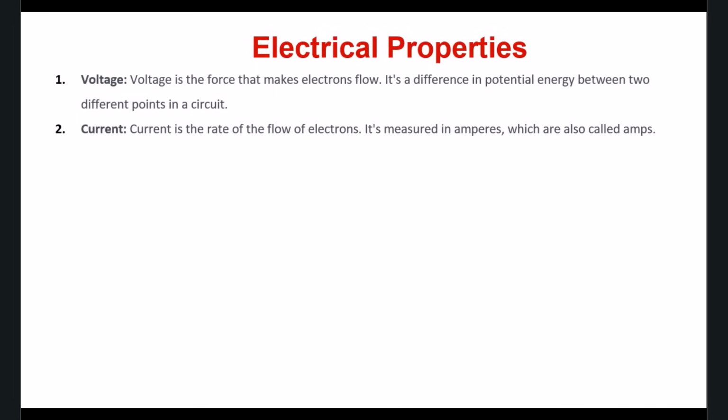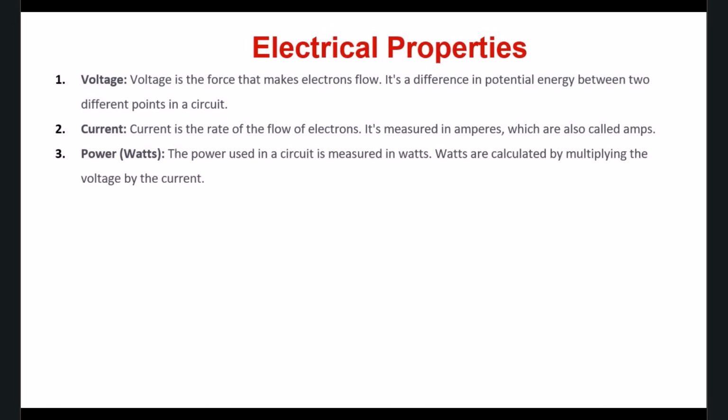Now we'll talk about the current. Current is the rate of flow of electrons and the current is measured in amperes. The power used in a circuit is measured in watts, and watt is calculated by multiplying the voltage by the current.